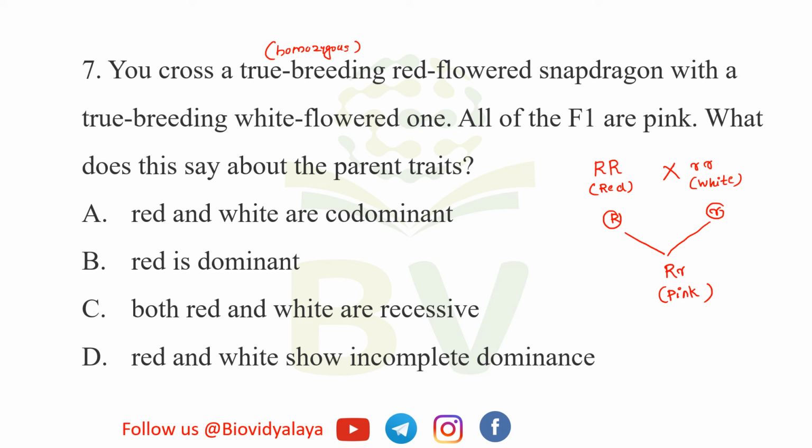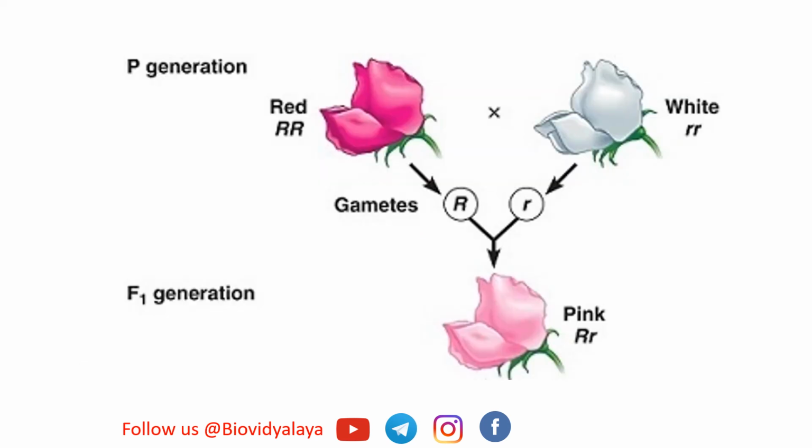That's why we are getting an intermediate phenotype, that means pink color, in F1 generation. So here red and white show incomplete dominance. So the correct answer is option D, red and white show incomplete dominance.